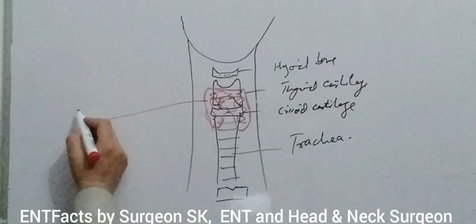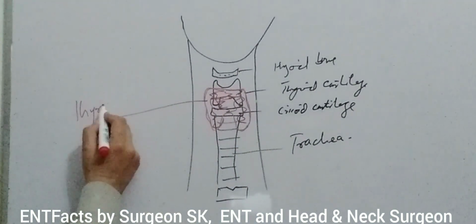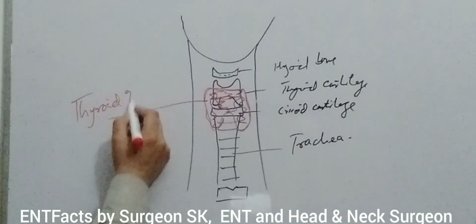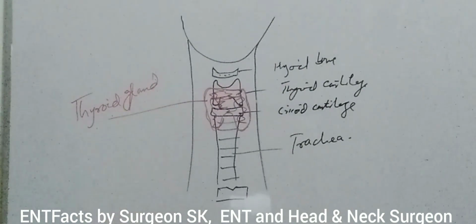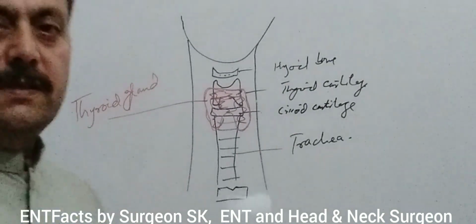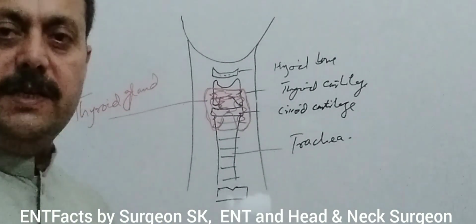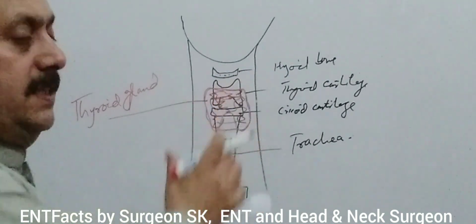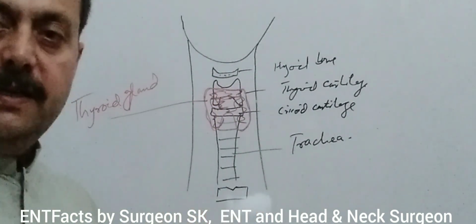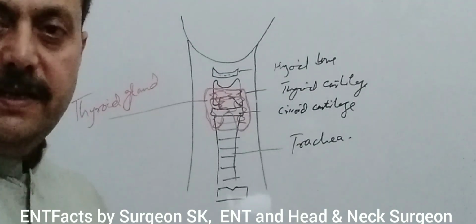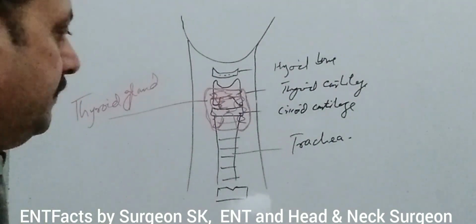This is the thyroid gland. This is a very important, vital structure. It's a highly vascular structure. Its hormones are needed for the body. So the knowledge of this gland is also important in the neck, in case of penetrating injuries to the neck.